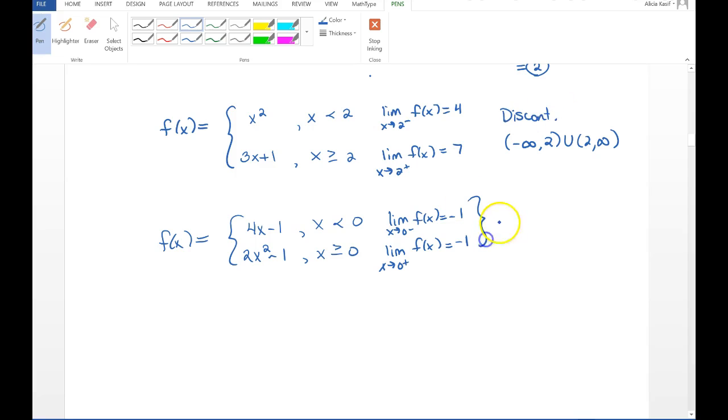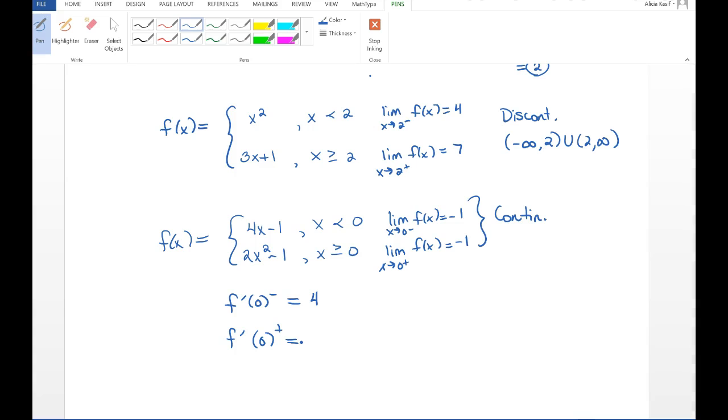So this is continuous. Now we want to check for a corner. The derivative from the left is 4. How about the derivative from the right? Sometimes I have to think, I made this different.